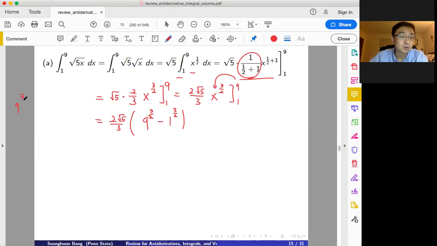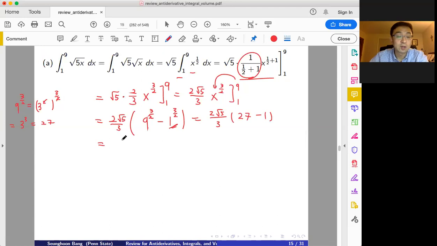9 to the 3 over 2 is, the 9 is 3 squared, to the 3 over 2. The 2 is crossed out, just 3 cubed. The 3 cubed is 27. So we have 2 root 5 over 3 times the 27 minus 1. 1 to any power is always 1.